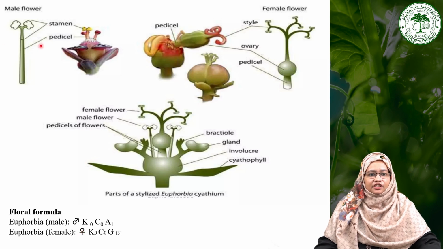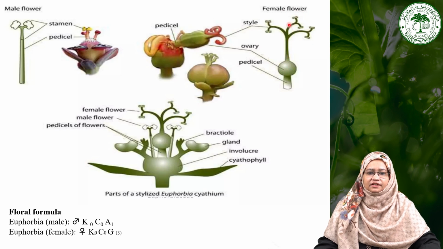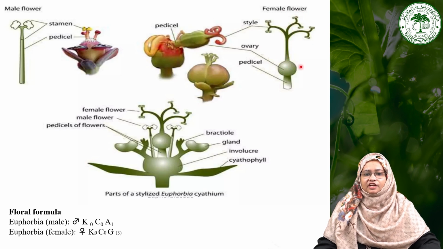This is a single male flower, which is represented by a pedicel and stamens, and this is a single female flower which also has a pedicel. Then this is the ovary, you can see here, and the style is also trilobed in structure. This ovary is also divided into three lobes.